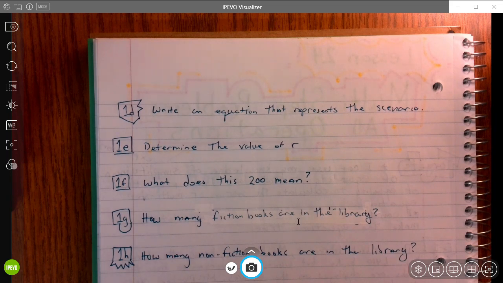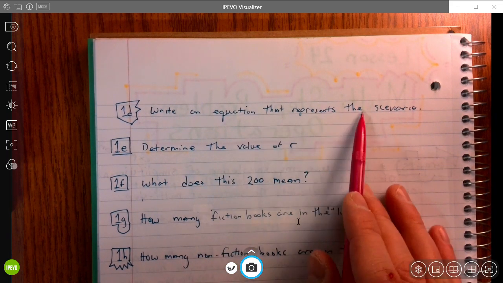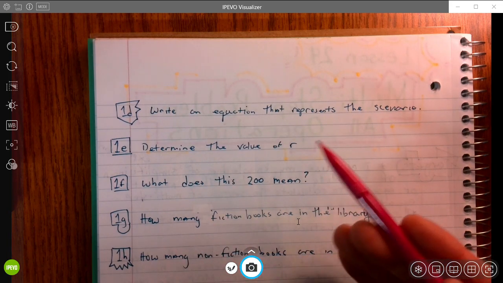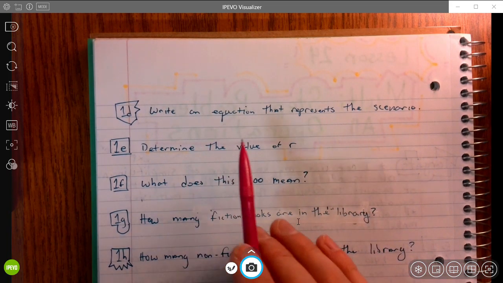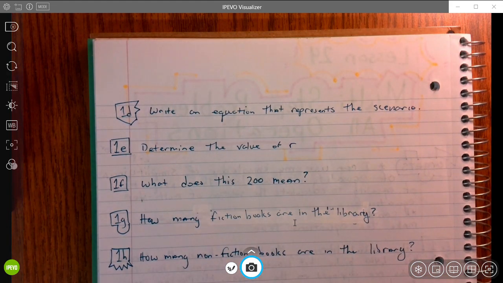So now what we want to do is write an equation that represents the scenario: how many fiction books, nonfiction books, and resource books there are in a library. Okay, so I'm going to switch back over here.